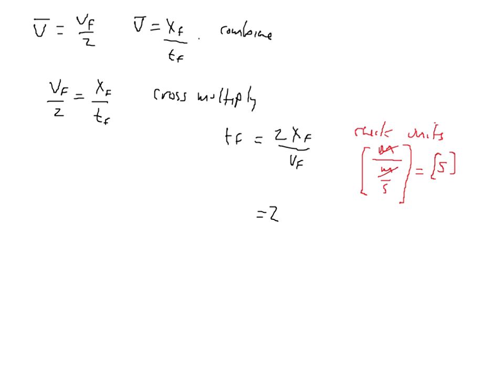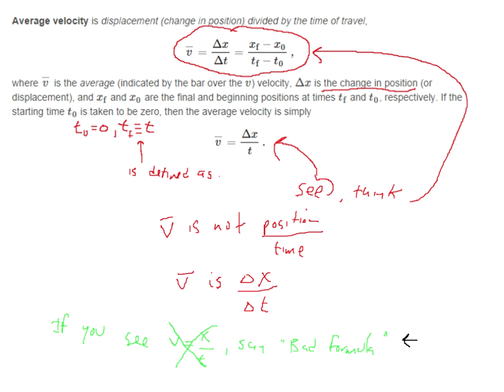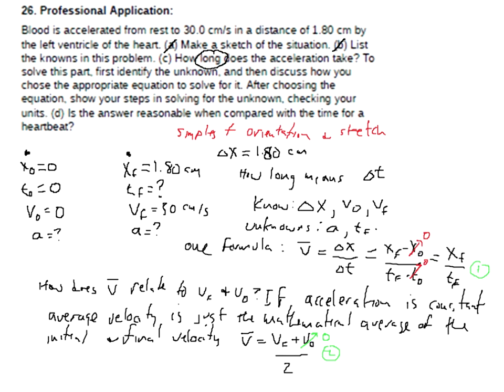Two times x final, which we were given, is 1.8 centimeters, and the velocity is 30 centimeters per second.